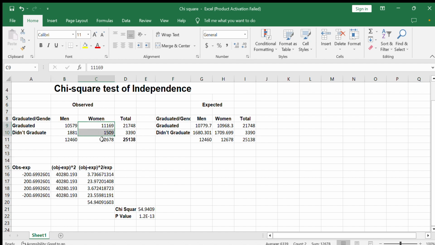The formula says row 1, minus 1, row 2, minus 1. There are two rows for men, that is 2 minus 1, and two rows for women, 2 minus 1. 2 minus 1 is 1, another 2 minus 1 is also 1. So that gives you 1 times 1, which eventually gives you 1.